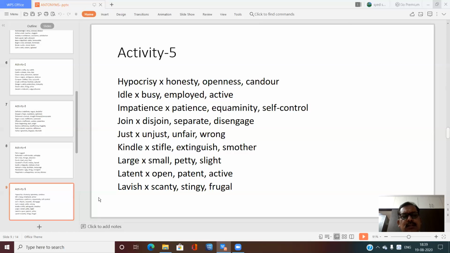Next, large. Opposite word: small, petty, slight. Next, latent. Opposite word: open, patent, active. Lavish. Opposite word: scanty, stingy, frugal.